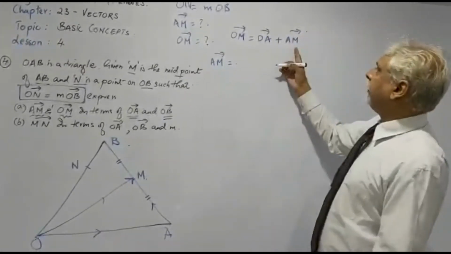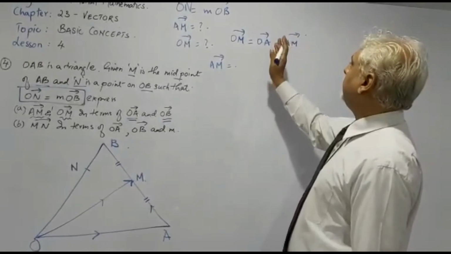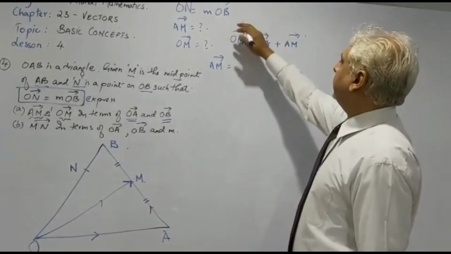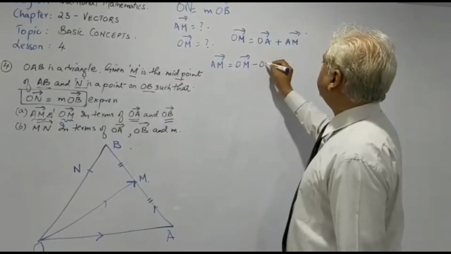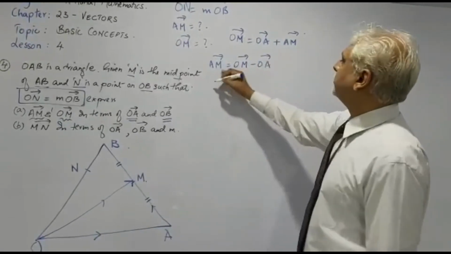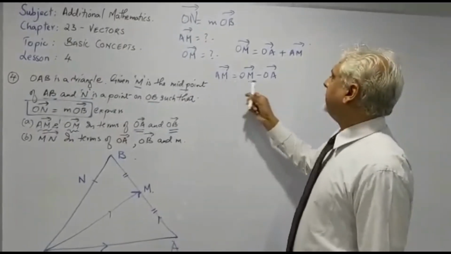Let's keep AM on one side and bring OA to the other side. So this will become OM minus OA is equal to AM. Now we got AM in terms of OA.